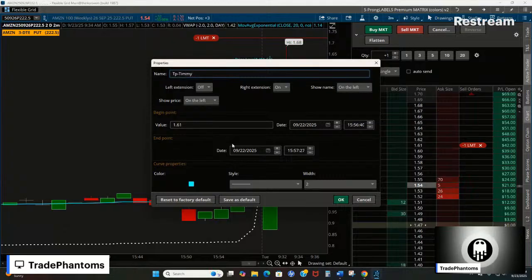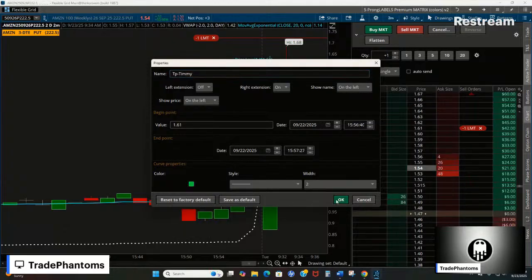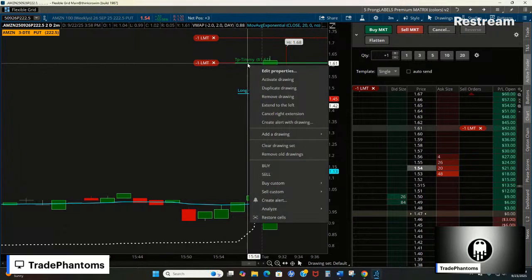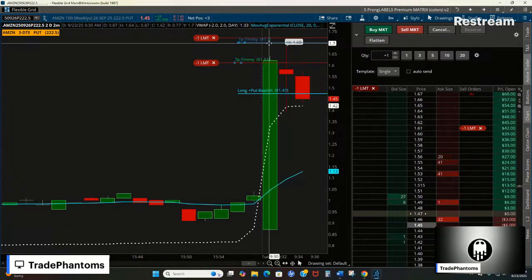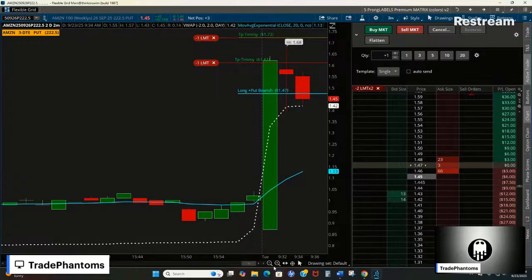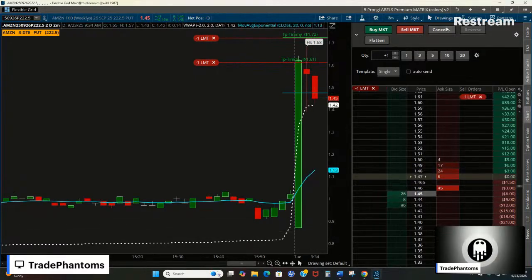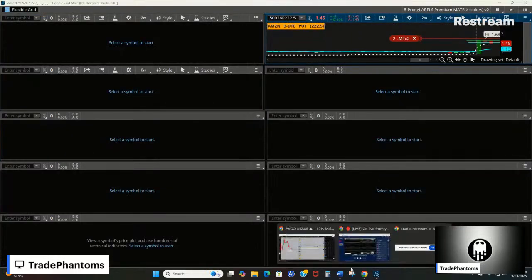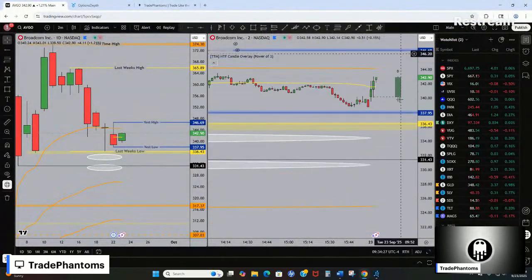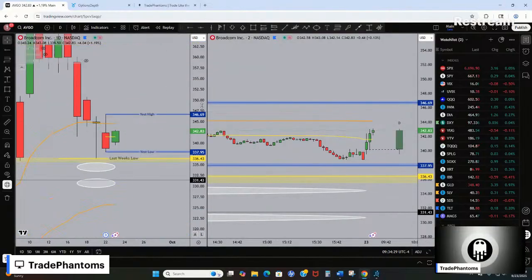These are pendings, of course. All right, we'll see if that wide range bar holds. Broadcom trying to go here.